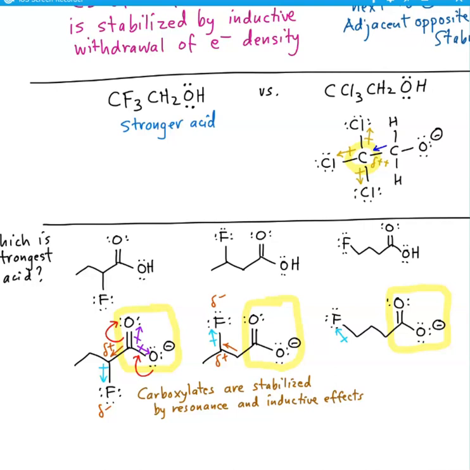So there is going to be a little bit of borrowing here, but it's not going to be very much. And then finally, in the last example, that fluorine is far enough away that the borrowing kind of drops off by the time you get to the carbonyl. So the inductive effect isn't felt at all. So the inductive effect drops off after about 2 bonds.